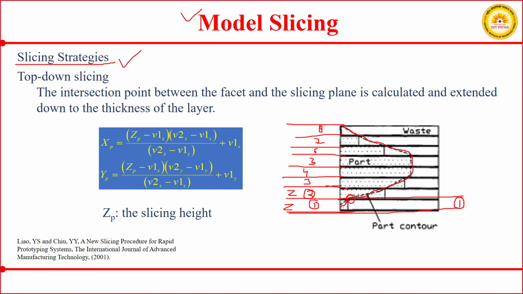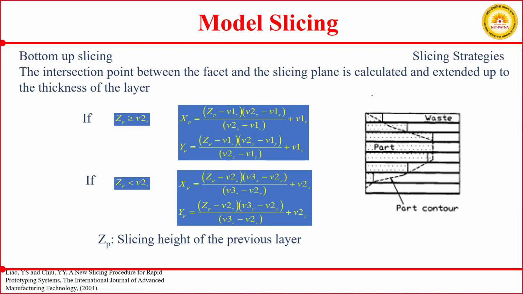Then for the second layer, this vertex, then for the third layer, this one, fourth layer, this one, fifth, this one, sixth, this one. So what we were seeing is that as there is a change in the slope, there is oversize in the part as well as undersize. That we have seen in the previous class.